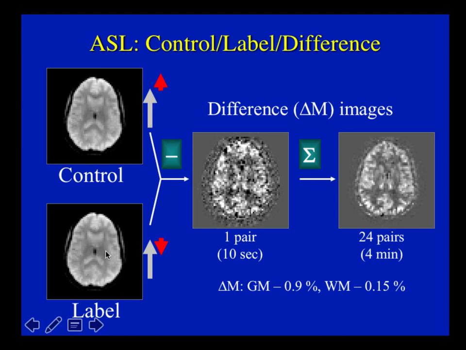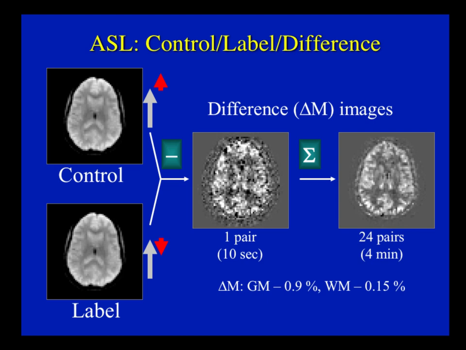And on the bottom, you see the labeled image, which is very similar to the control image. However, the signal intensity here now represents the signal from the static tissue minus the signal from the blood, because before acquiring this labeled image, we had previously inverted the blood and allowed that blood to flow into this tissue.